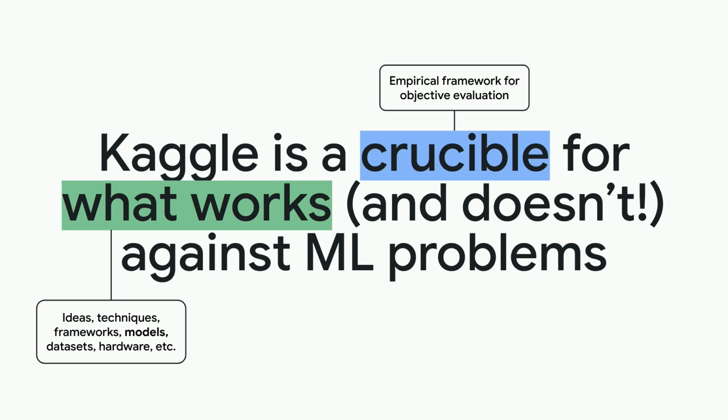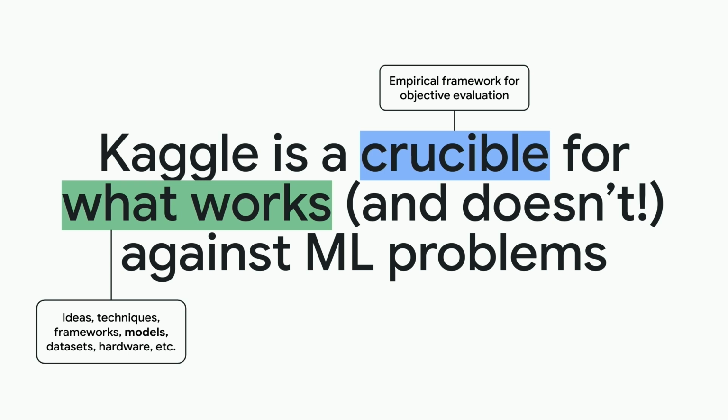Like Neel said at the start, many of you probably know Kaggle as a competitions platform, and we have been for a long time. And really, over the period of the last 10 years or so, the place that Kaggle and our community has found in the machine learning and AI industry is what you see here: this crucible for what works, and importantly, what doesn't work against different machine learning and AI tasks, challenges, problems.